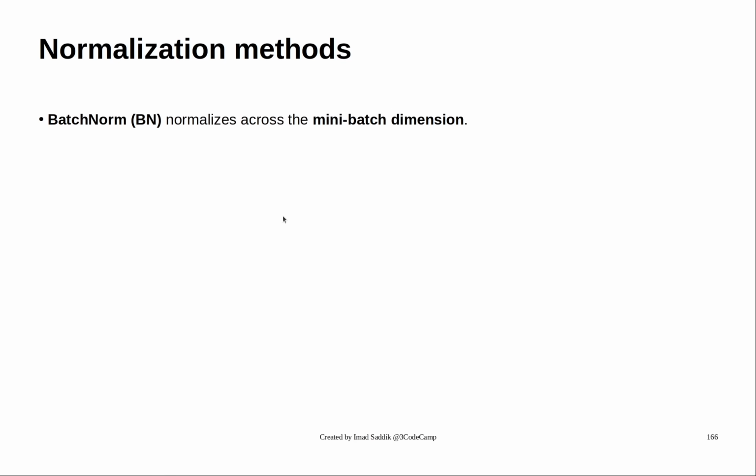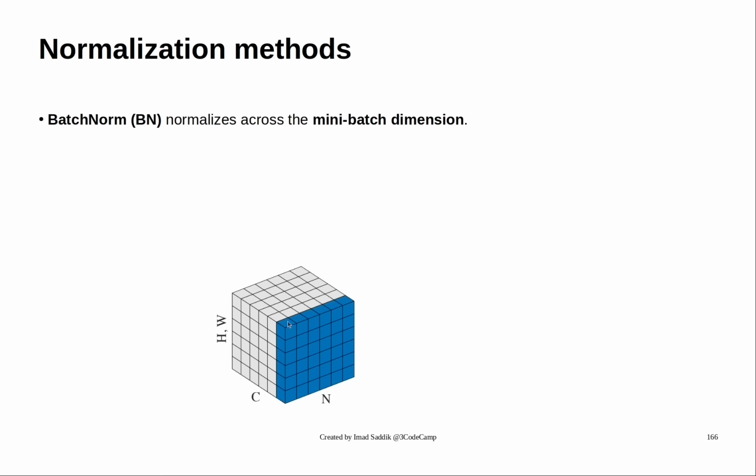Batch norm, on the other hand, normalizes the activations across the batch dimension. You can see that here, instead of applying it in the C dimension, we are applying the normalization across the batch dimension, which in this case is denoted by this letter N. And here is the equation used by batch norm.